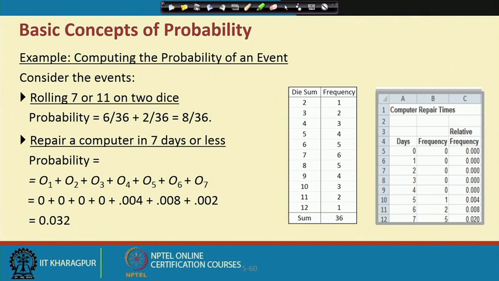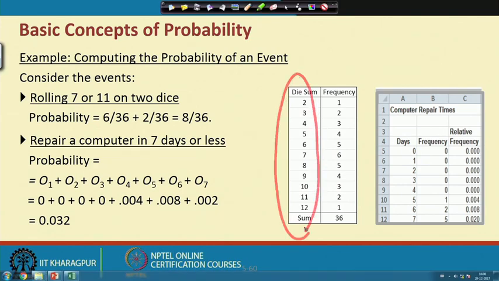The same example we discussed earlier: we are rolling 2 dice. If the sum is 2, there is only one possibility, 1 1. If the sum is 3, the possibility is 1 2 or 2 1, so the frequency is 2.